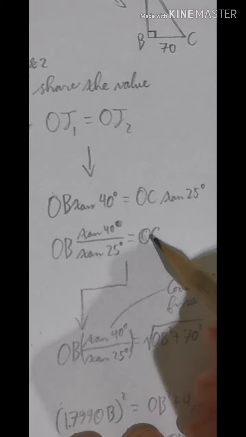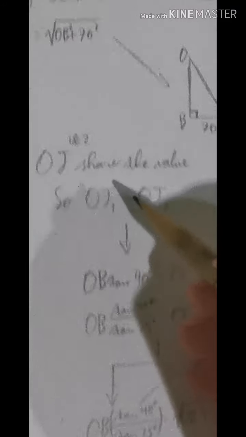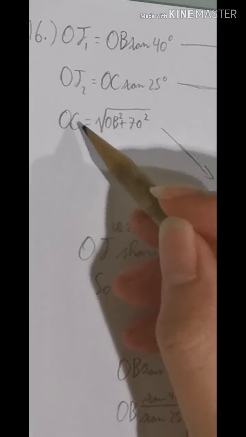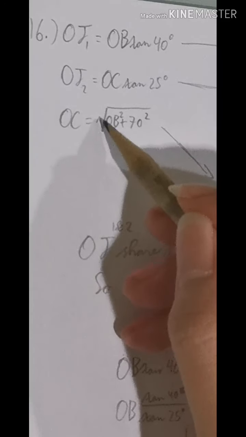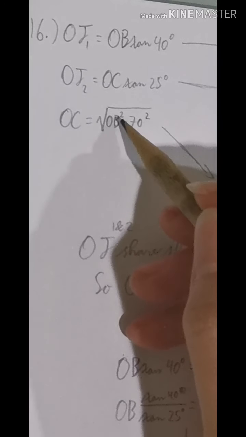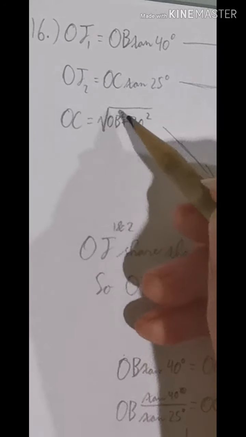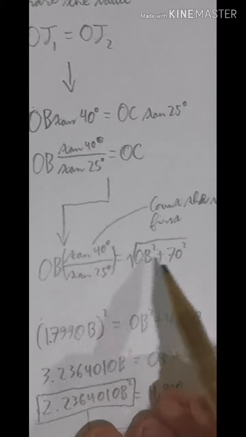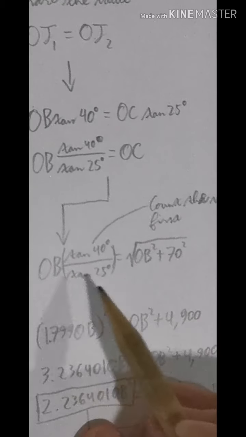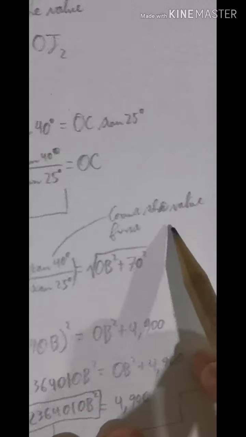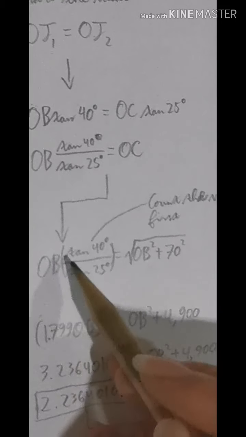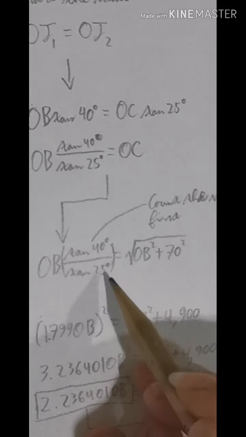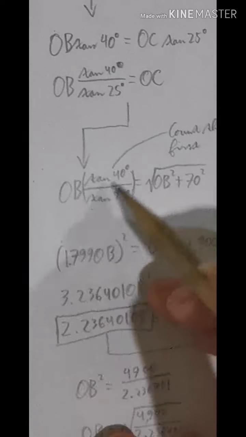Now what do you do with the OC? Well, you just input this. It is stated that OC is the square root of the sum of the square of OB plus the square of 70. And then we get this here. And make sure you count the value of tangent 40 divided by tangent 25 first, so you won't get confused later on.